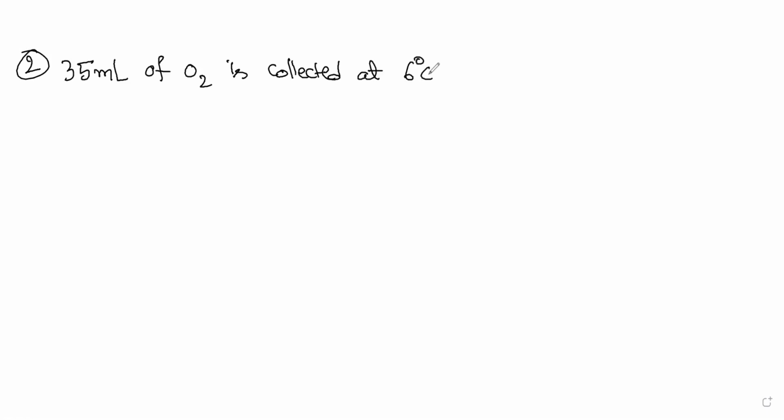Next one. Question number 2. 35 ml of O2 is collected at 6 degrees centigrade and 758 mm of Hg pressure.